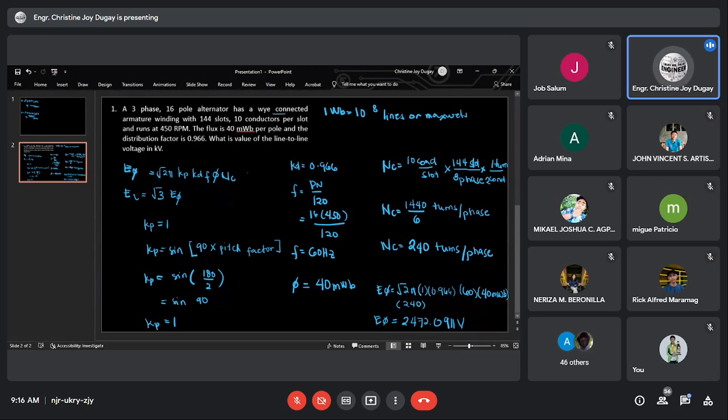0.911 volts, no? If you're going to solve for the E line already, you're just going to multiply it by square root of 3. So, ang E line natin ngayon, that is square root of 3 times 2,472.0911 volts. So, what is the value of E line? Line to line.